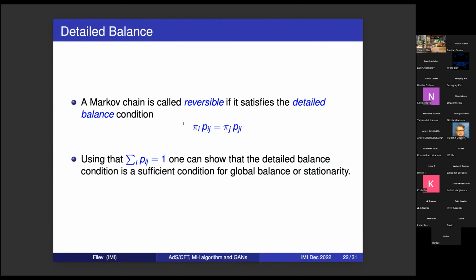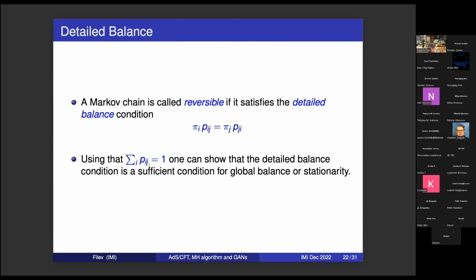And I think that's why it's called balance, because if you have a chemical reaction, it means the substances are in balance, maybe. Now using this property of the transition matrix, it's very easy to see that this actually implies global balance. That if a distribution satisfies the detailed balance condition, it is stationary.